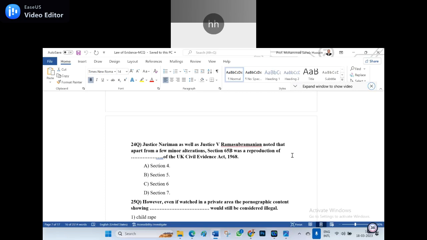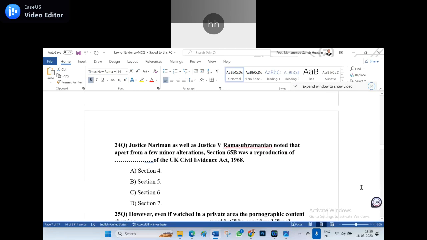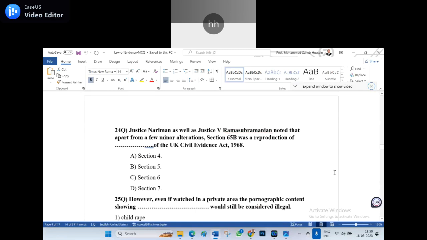Option C, sir? Wrong. Second option. B, Section 5. Option A, sir? Section 5, option B is the right answer. Section 5 of the UK Civil Evidence Act, with minor modifications, was incorporated in 65B.